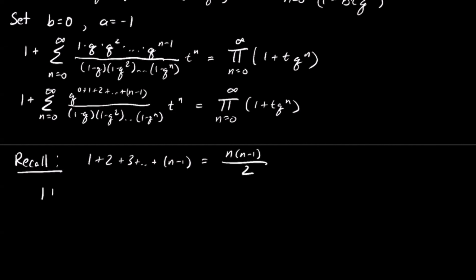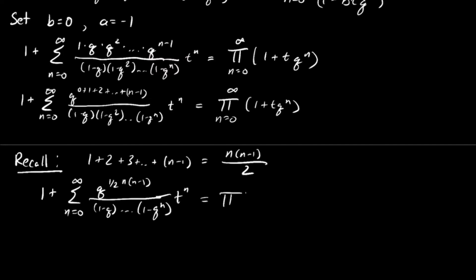This becomes 1 plus the sum, n goes from 0 to infinity, of q to the 1/2 times n times n minus 1, divided by 1 minus q up to 1 minus q to the n, t to the n, is equal to the product of 1 plus tq to the n as n goes from 0 to infinity. And this finishes the proof of our corollary.